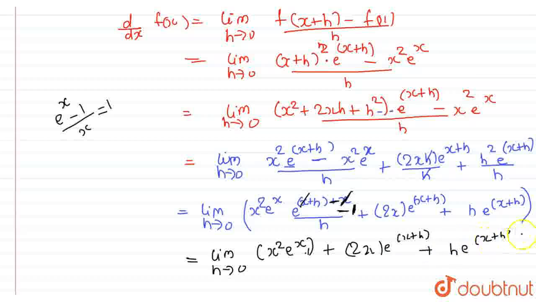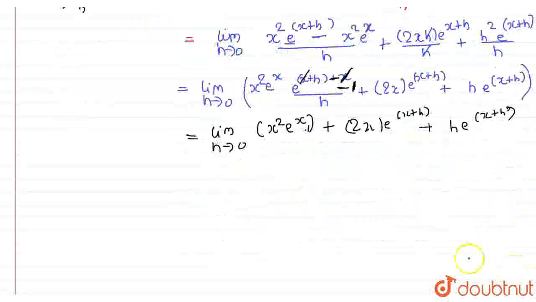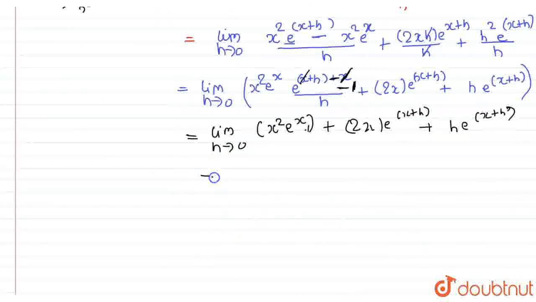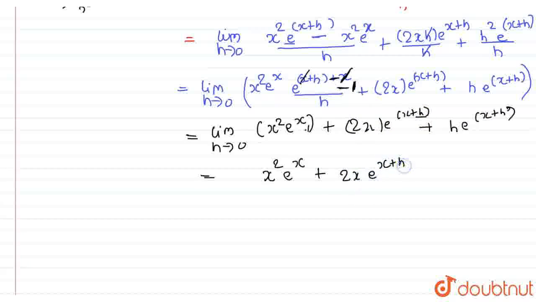Okay students, so if I put limit h tends to 0, this one would be as it is, which is x square e to the power x, plus if I put 0 here, this function would be plus 2x e to the power x plus h. Okay students, clear up to now, and this function would be 0. So here the value of h would be 0, so e to the power x.